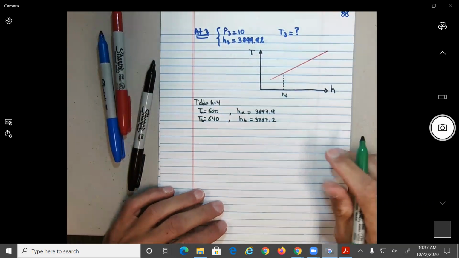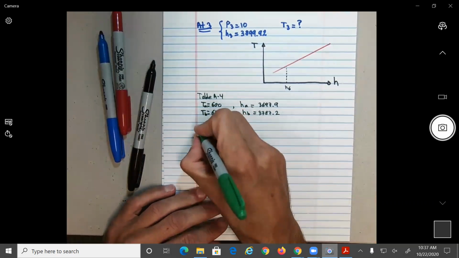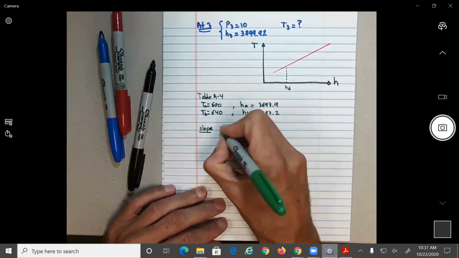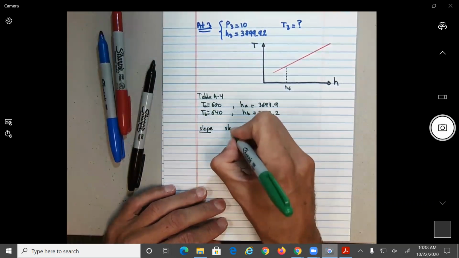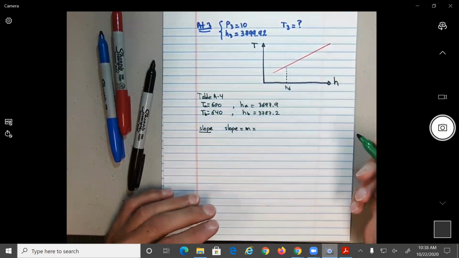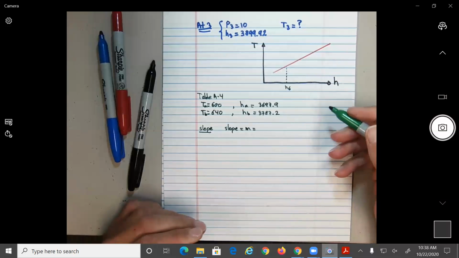From this, I'm going to try to find the slope. What will be the slope? Generally it is just the tangent, no? How much it goes up.